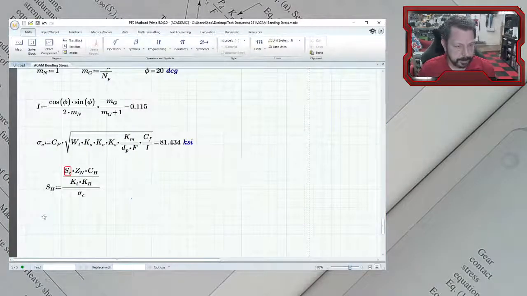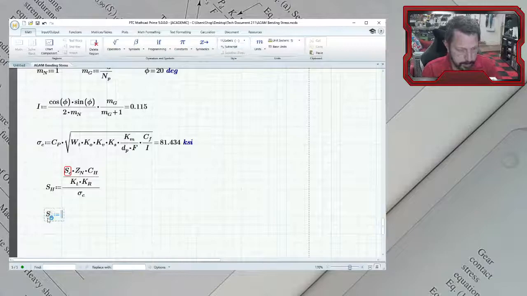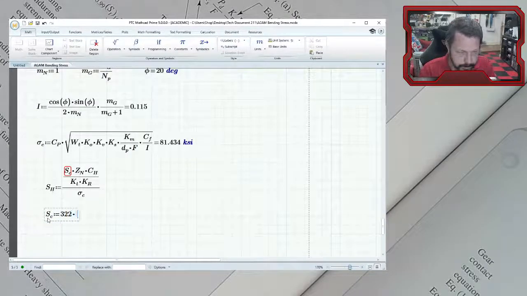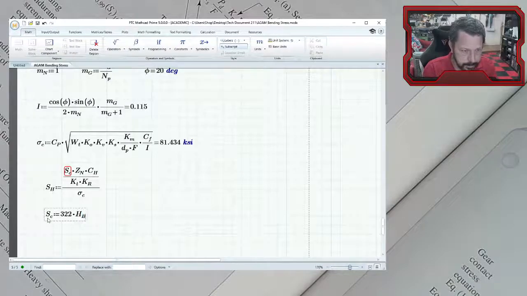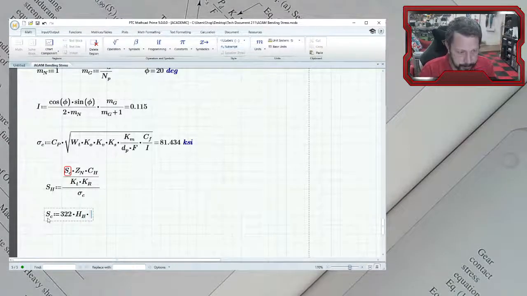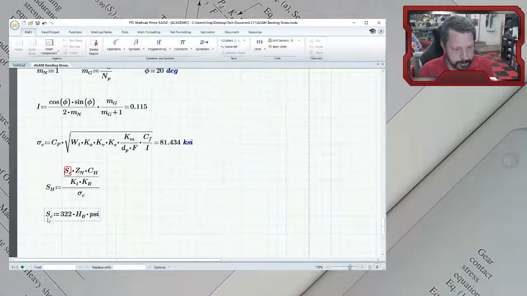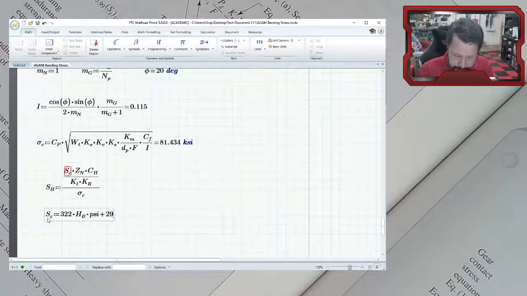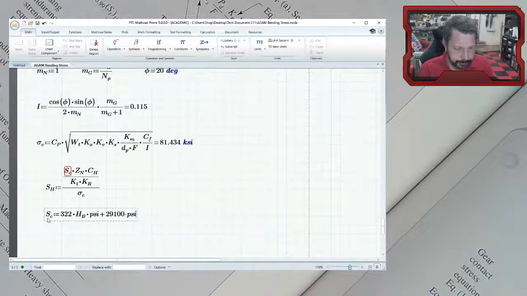All right, so SC is the equation; it was 322 times, I believe I used HB for the hardness. We do have to multiply by PSI so that the units work out, plus 29,100 PSI.